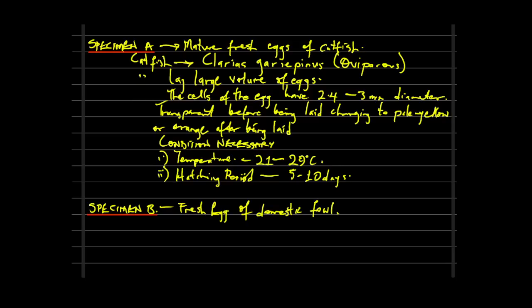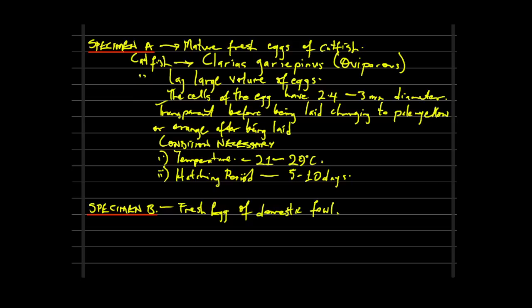Also, the shell is porous. As such, it is able to give gaseous exchange with the environment. Now, at this point, we need to understand that the shell houses or contains the embryo of the organism.